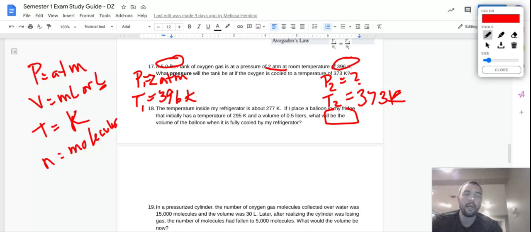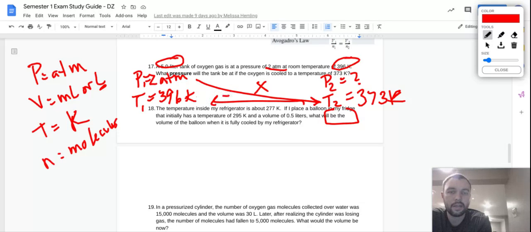Now, all of the laws except for Boyle's law, like the first one we did, are cross multiply and divide by the third number. So I'm going to take 2 times 373, and then divide by this third number, 396.